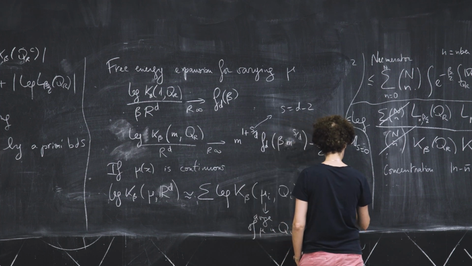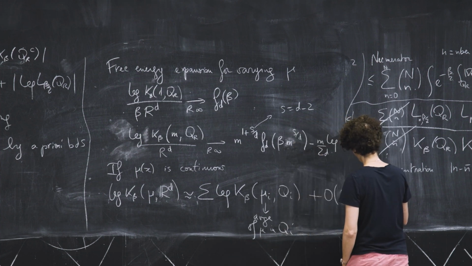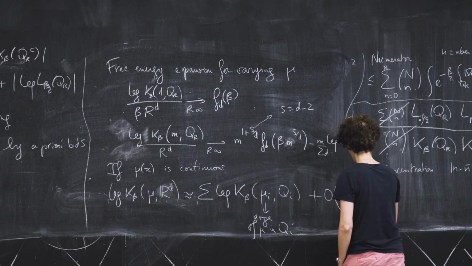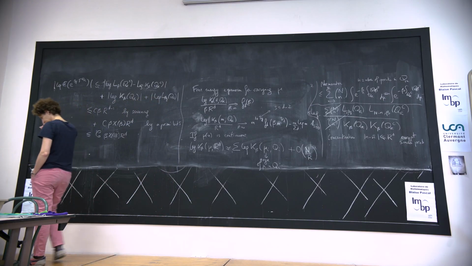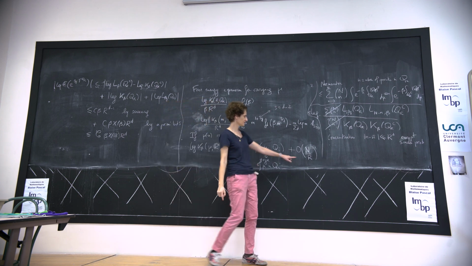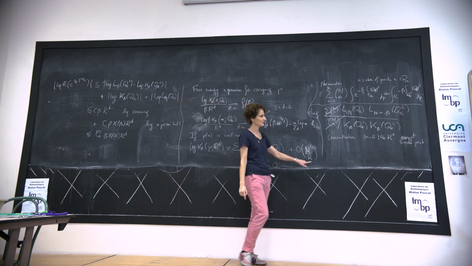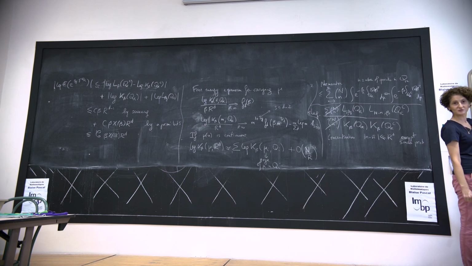So it's going to be, let's say, n over r. So if you make r very small, you make a small error for mu minus mu average in each cube.